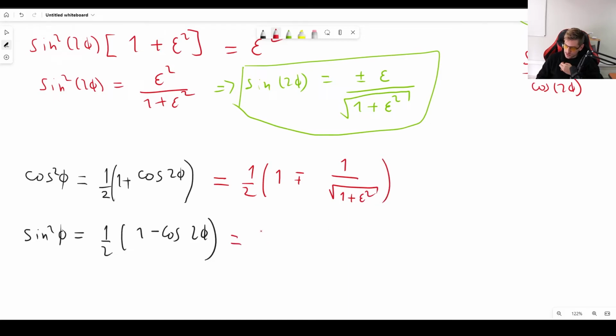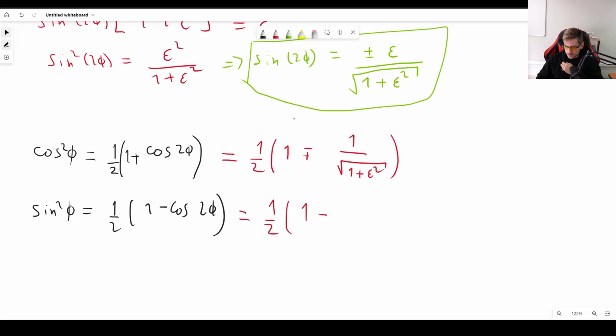And for sine squared, this is 1/2 times 1 minus, and since we are dealing with, this time it is plus minus. Oh no, actually no, because this is cosine, never mind, so it's the same. Wait, no, this is incorrect.